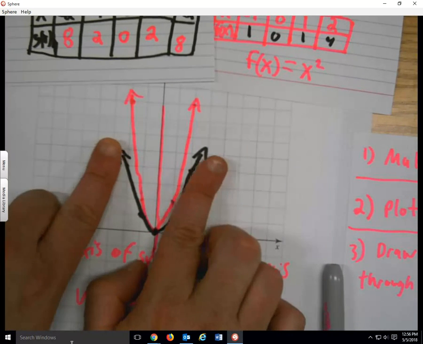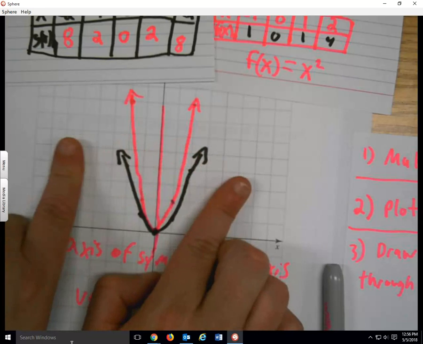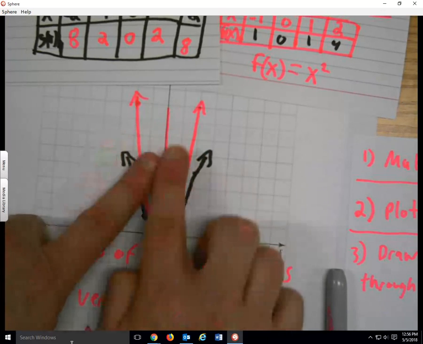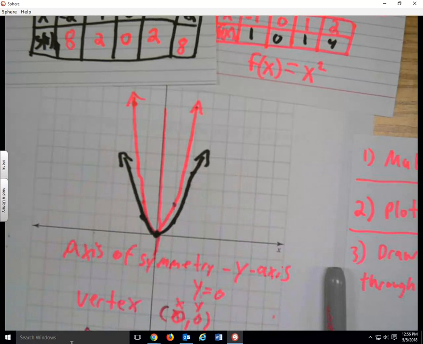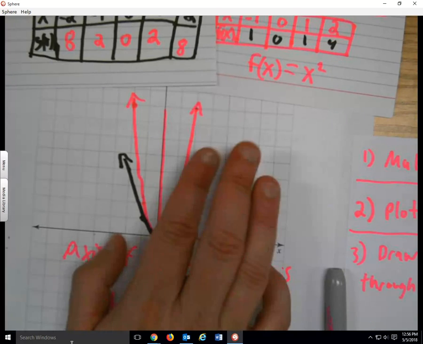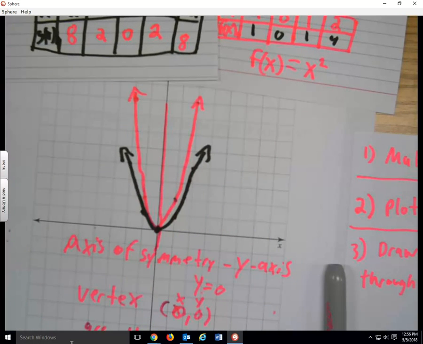Is it stretching towards or shrinking away? Is it going towards this y-axis or going away from it? So what do you think? Yeah, it's obviously stretching towards, right? So there you go.